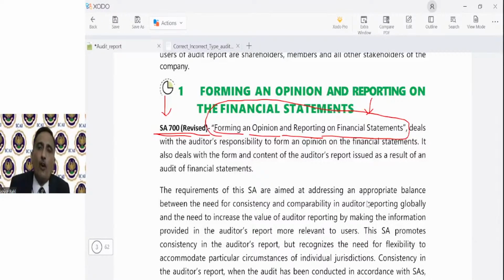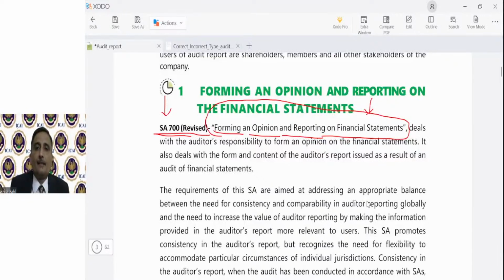Now he has to form the opinion and report on the financial statements. So what was the final outcome of the audit process? It is the audit report. How does the auditor express his opinion? He expresses his opinion by means of a written audit report. So SA 700 deals with all these things.